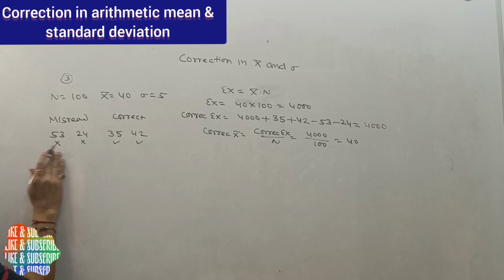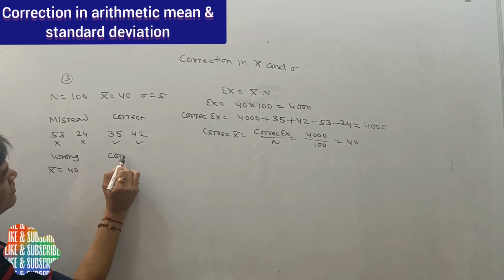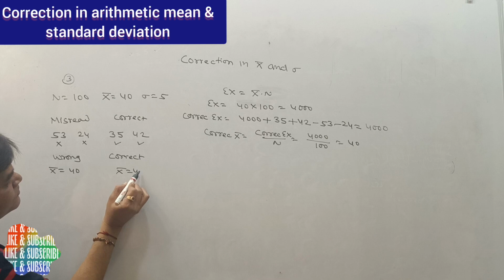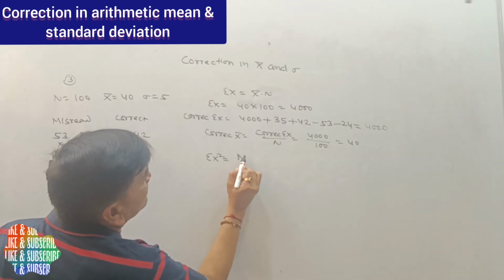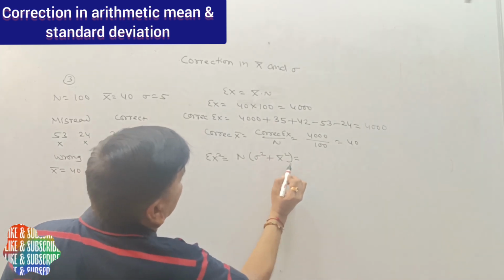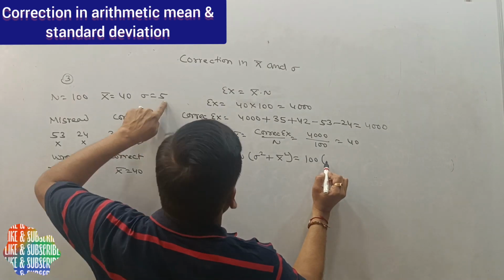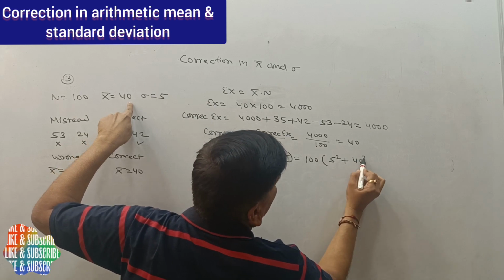Wrong x bar is 40, correct x bar is also 40. Next, sigma x square is equal to n times standard deviation square plus x bar square. So n is 100, standard deviation square is 5 square plus 40 square.